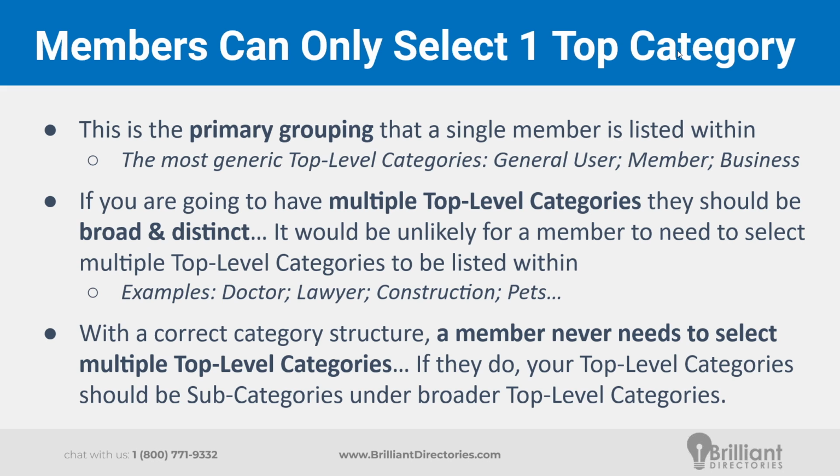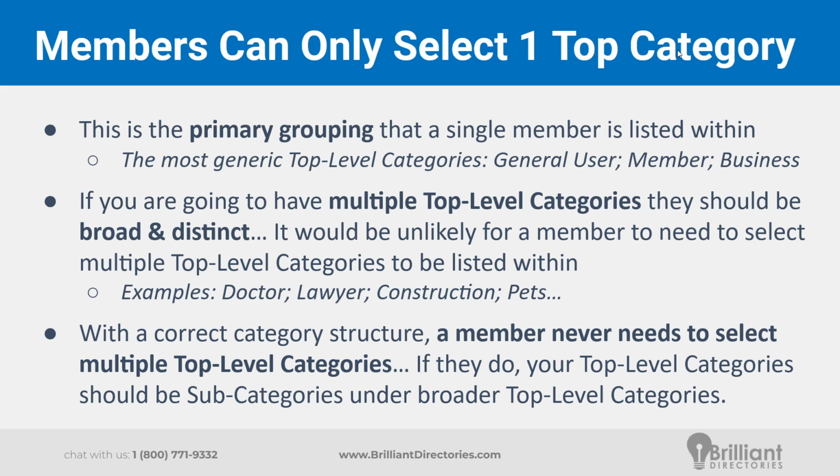Now, if you're going to have multiple top level categories, then they really should be broad and distinct from one another. They should be so broad and distinct that it would be unlikely for a member to end up needing to select multiple top level categories to be listed within, because again, they can only select one top level category anyway. So some quick examples of broad and distinct top level categories would be things like doctor, lawyer, construction, pets.